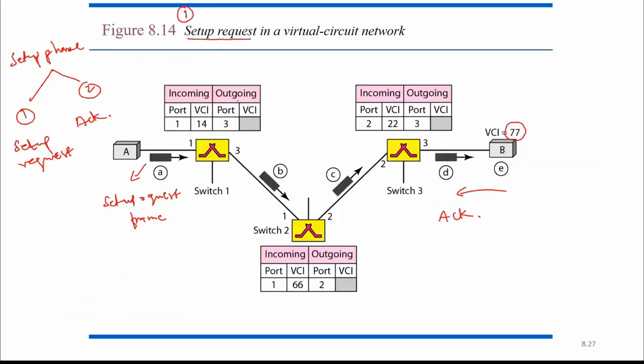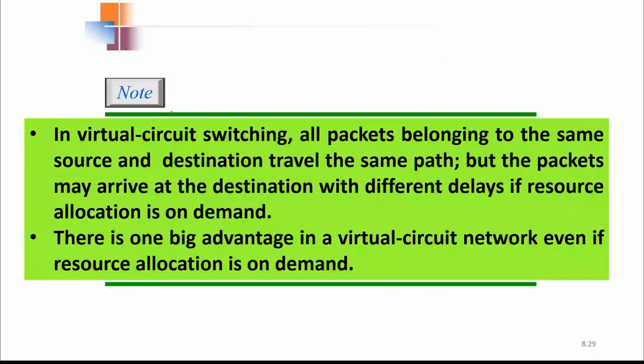In virtual circuit switching, all packets belonging to the same source and destination travel the same path, but the packets may arrive at the destination with different delays if the resource allocation is on demand. That we have already gone through. There is one big advantage in virtual circuit networks: along with the dedicated link, it can also have on-demand resource allocation.